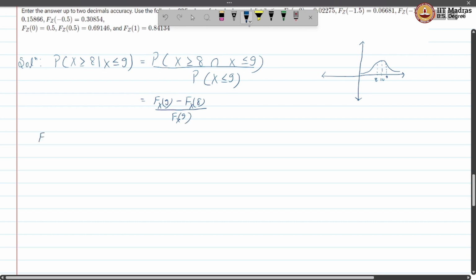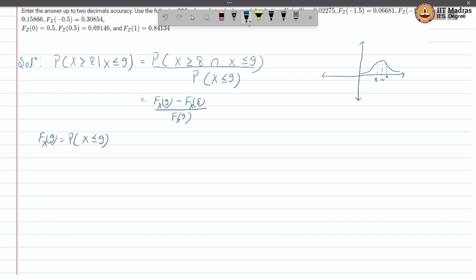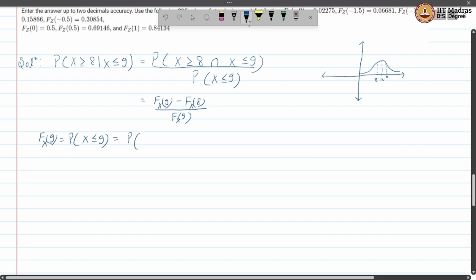So first of all, let's find Fx(9), which is equal to probability that x is less than equal to 9. And as x is not standard normal, we have to standardize it. So this will be equal to probability (x minus mu) by standard deviation sigma.